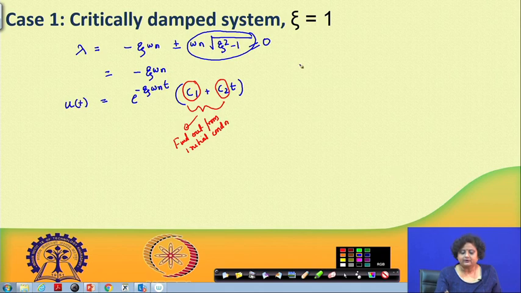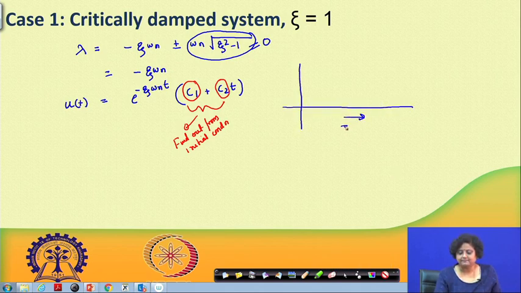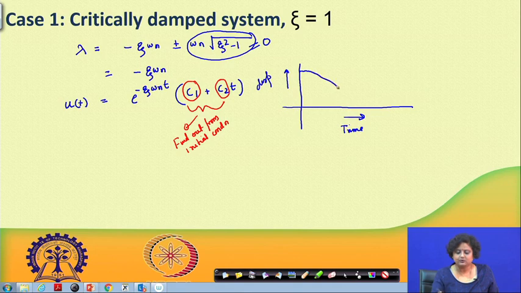If this is the time and this is the displacement, the response is just going to decay down exponentially. I will show a better plot in the later part of the lecture.